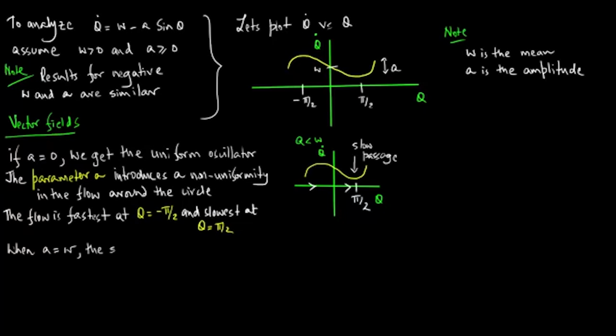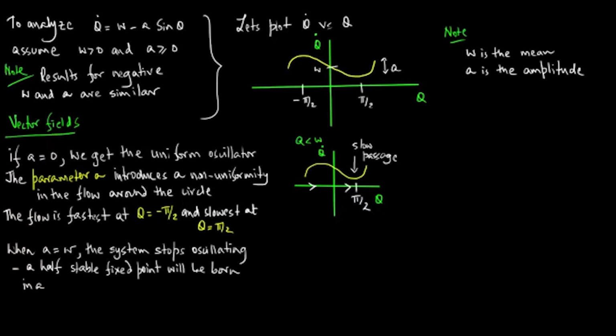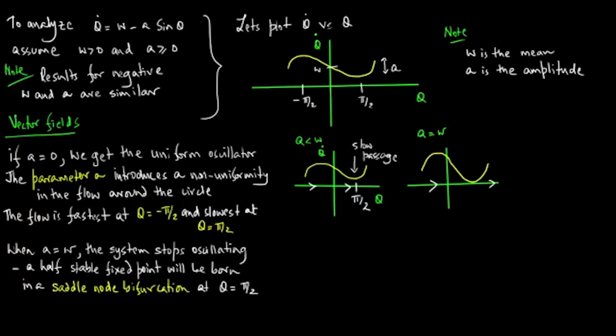When a is equal to omega, the system stops oscillating and a half stable fixed point will be born in a saddle node bifurcation at theta is equal to pi on 2. So we consider a is equal to omega, and in this case we get a half stable fixed point.